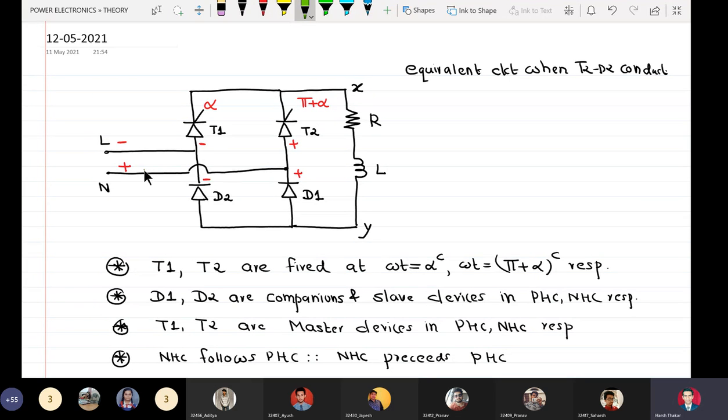As I told you, current always leaves the positive terminal, so current will go like this. So drawing the equivalent circuit now.